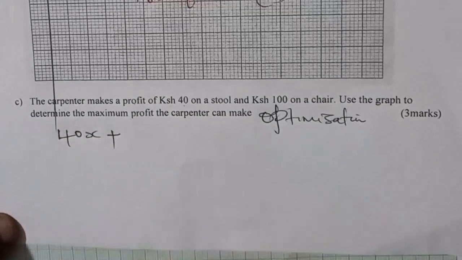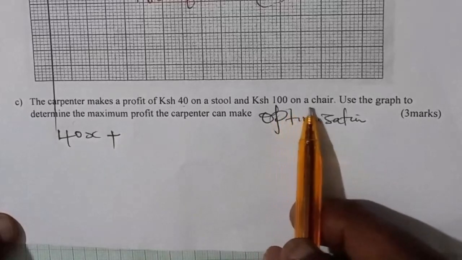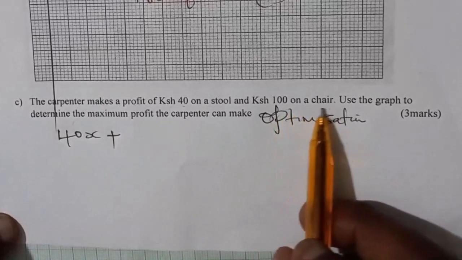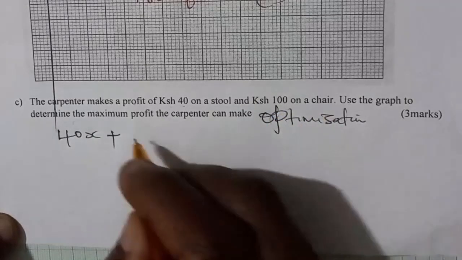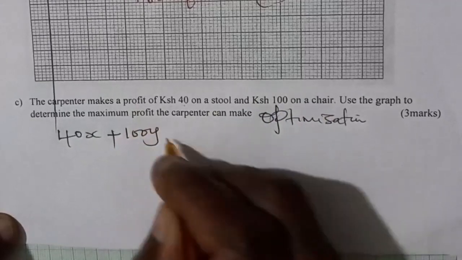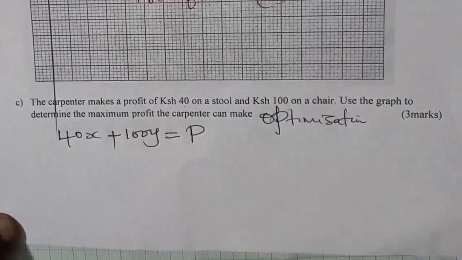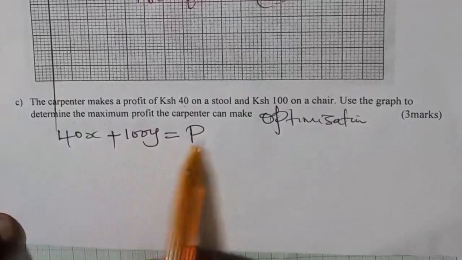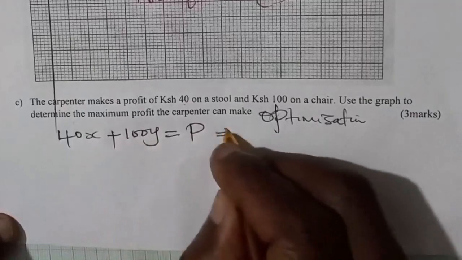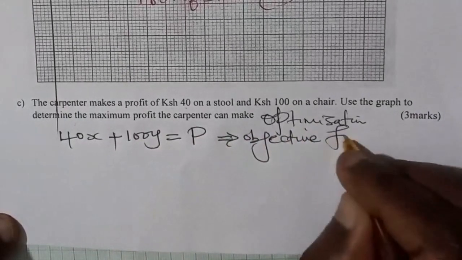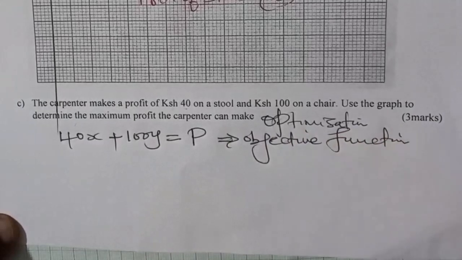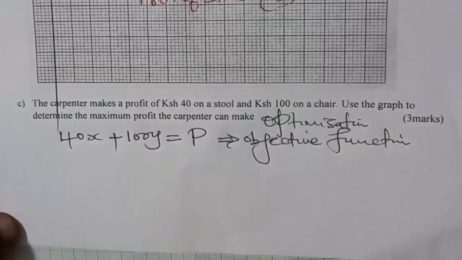Then the chairs are Y. One chair has a profit of 100, so for the Y chairs we will have 100Y. So this is what is going to give us the profit, and this is what we call the objective function. This is what we use to maximize or minimize.